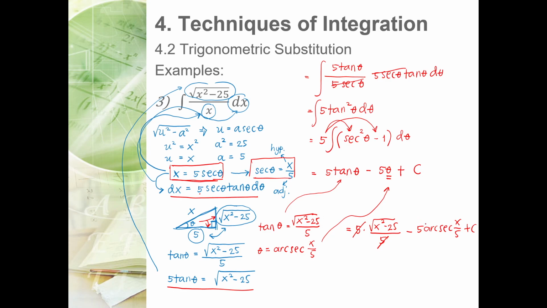You cannot cancel the 5 in the arc secant term because the over 5 in this term is in the trig expression. It's not algebra to algebra, it's algebra to trig. Okay, so the final answer is the square root of x squared minus 25 minus 5 arc secant x over 5 plus c.